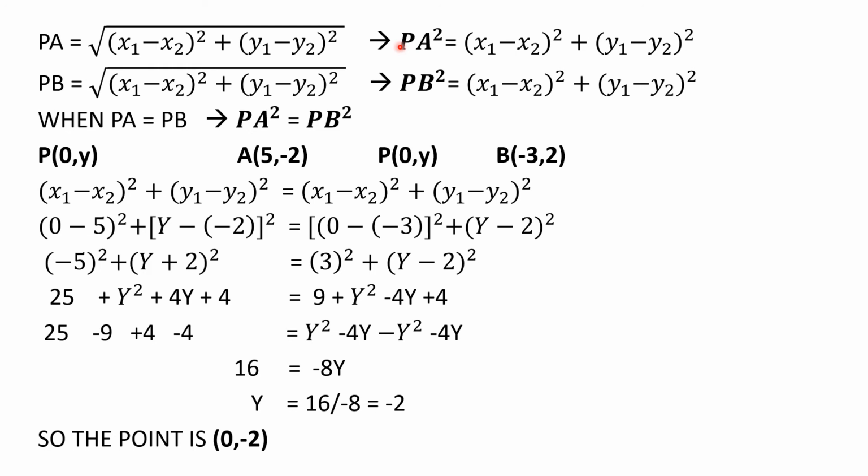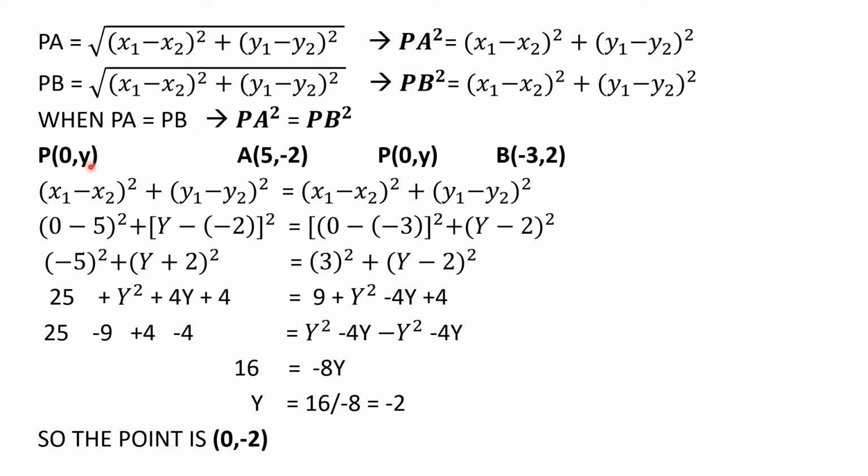That is, if P is 2 units from A, then it is also 2 units from B. So PA equal to PB equal to 2, and PA square equal to PB square equal to 4. Hence we equate PA square equal to PB square.